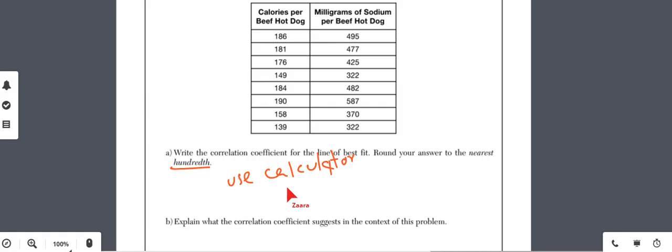Okay, for me, the correlation when I round it to the nearest hundredth is 0.94. You can just verify that.